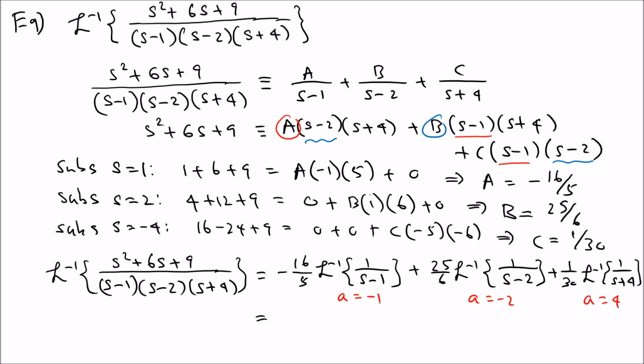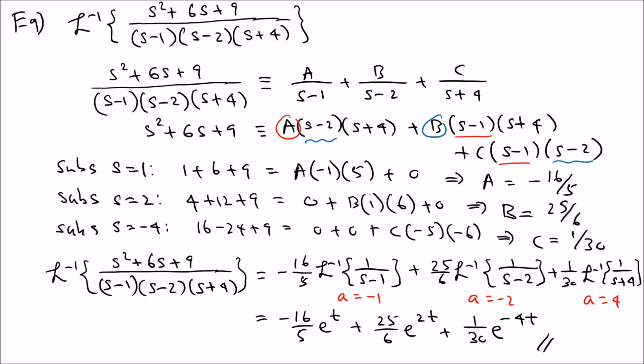So if you plug into the formula, you're going to get the answer as negative 16 divided by 5 e to the positive t, because there's a negative sign in the formula, and then plus 25 over 6 e to the 2t, and then plus 130 e to the negative 4t. So that's the final answer for that.